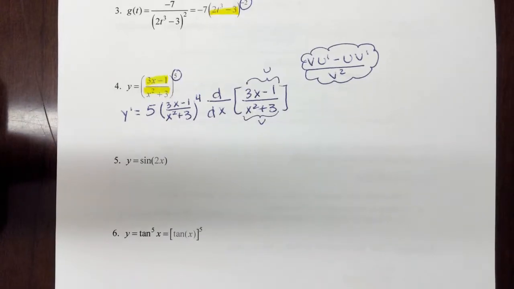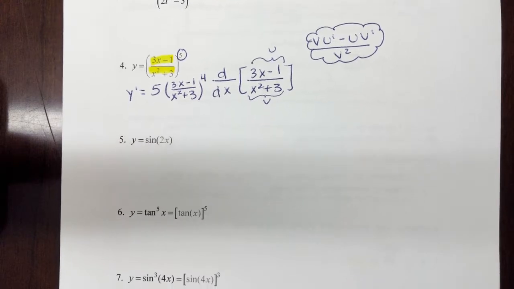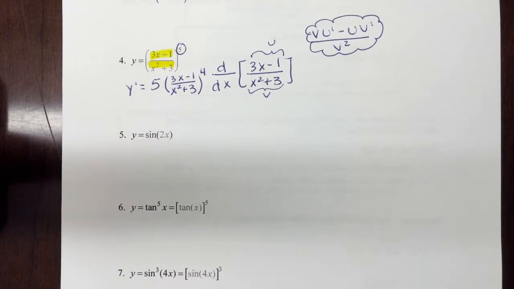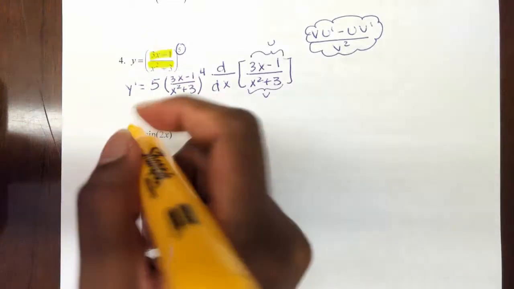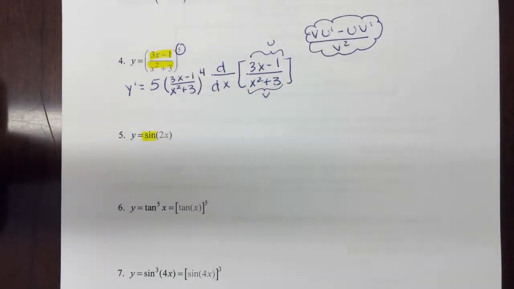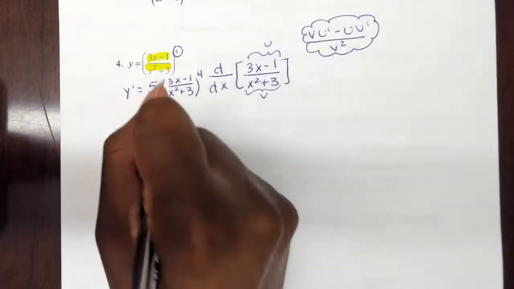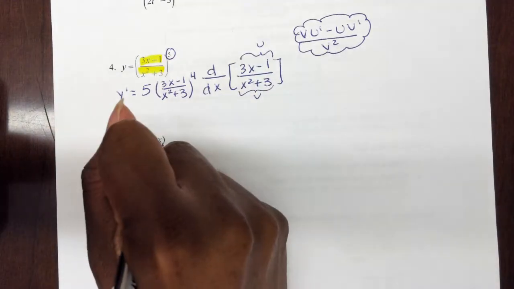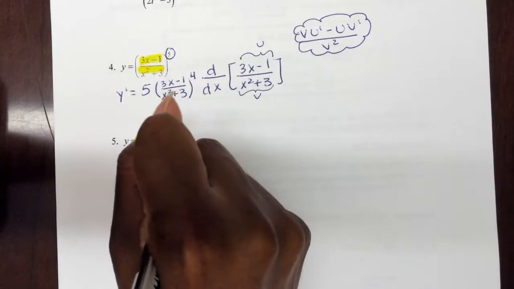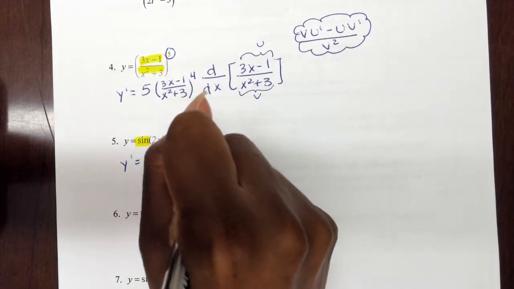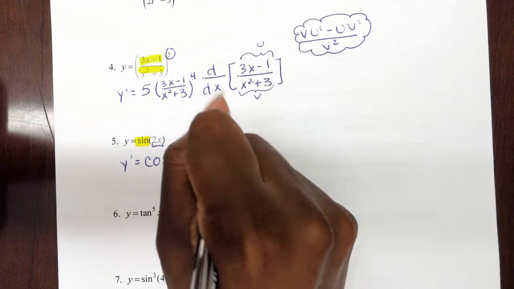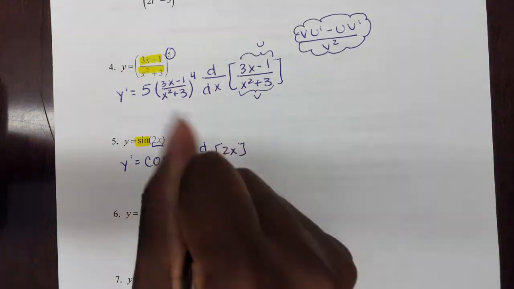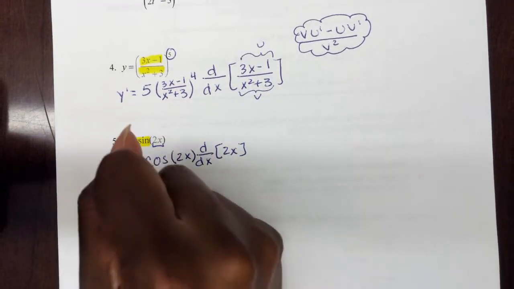For the next one, number 5, the mama function is sine, and the baby function is 2x. So our mama, the derivative of sine is cosine. We'll keep the baby, and then the derivative of the baby is 2.